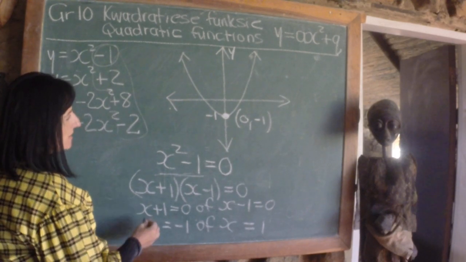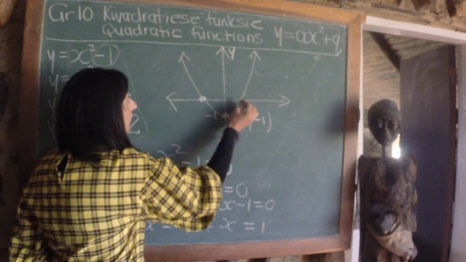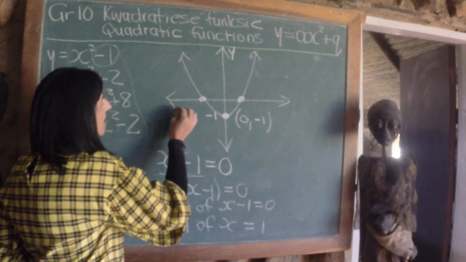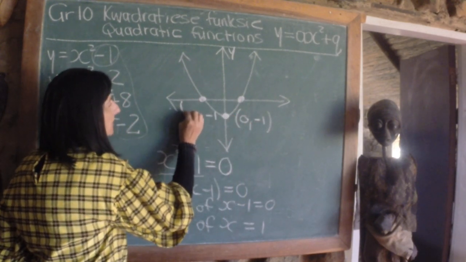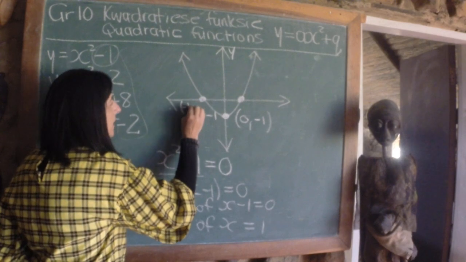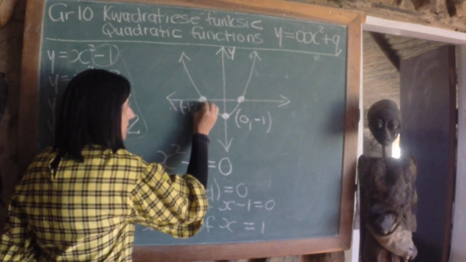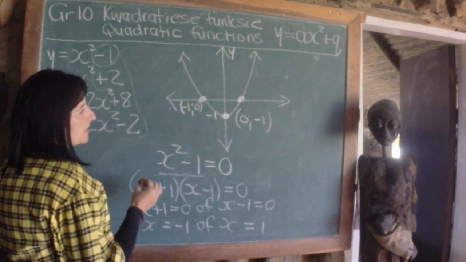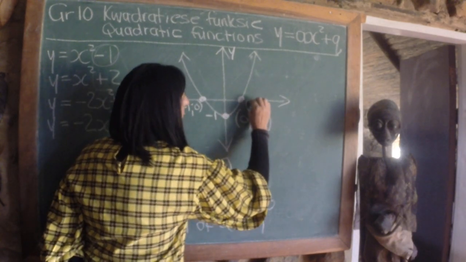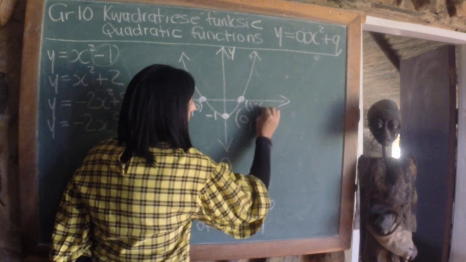So, wat is my twee koördinate hierso waar my parabool my x-as sny aan die negatiewe kant? It will be minus 1, 0. And on the positive side, it's going to be plus 1, 0.